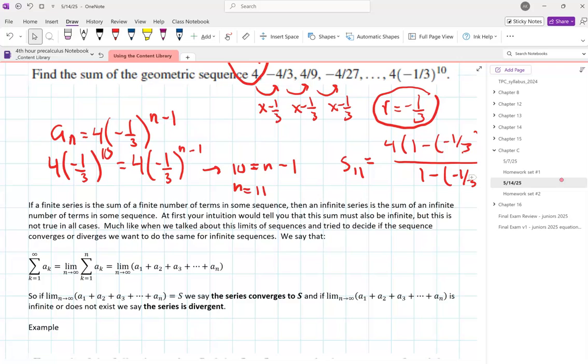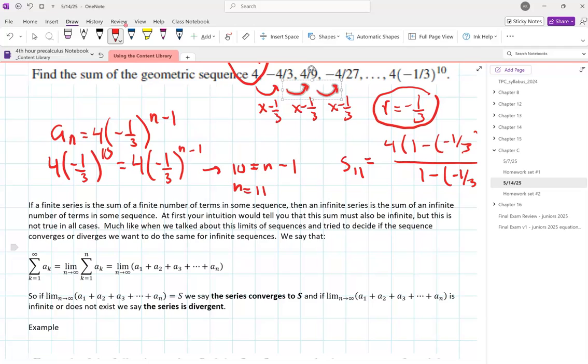So I'm going to think about the series, an infinite series, as a sequence of partial sums. So like, okay, if I add up the first one term, that'll be the first term of the sequence. If I add up the first two terms, that'll be the second term in a sequence. Add up the first three terms, that'll be a third term in the sequence.